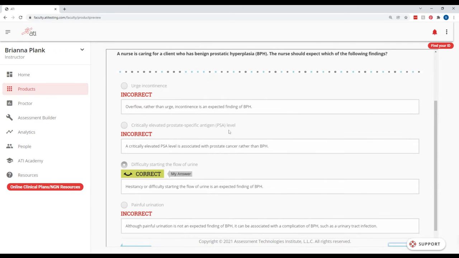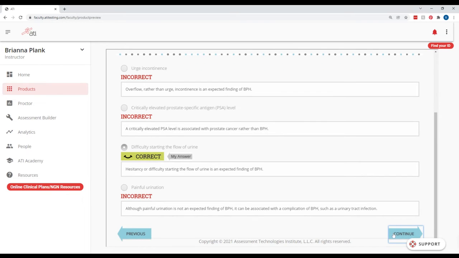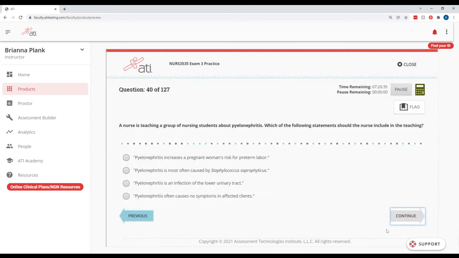And then PSA level, it's something that you think might be related to BPH because we have the prostate enlarged, but the PSA level is really supposed to be specific to prostate cancer. So that level should be drawn to check for prostate cancer. It's not really related to BPH. Okay.